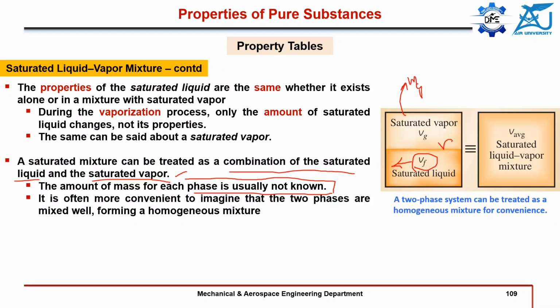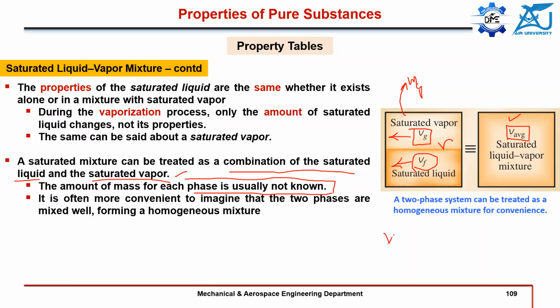And now definitely if this is a mixture, we cannot say that its specific volume will be this Vg or this Vf. So it is a mixture of these two properties, and we call it the average property or average specific volume.